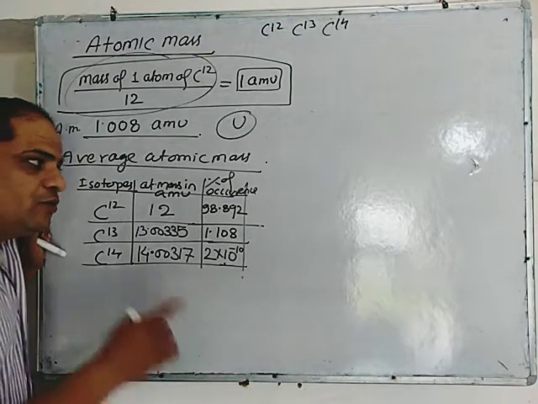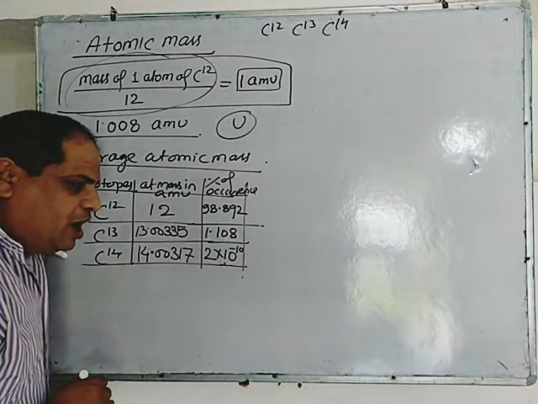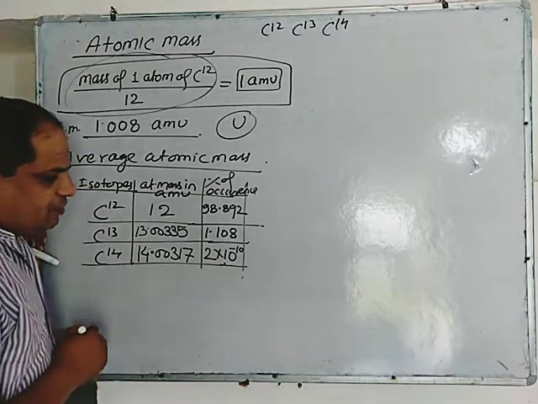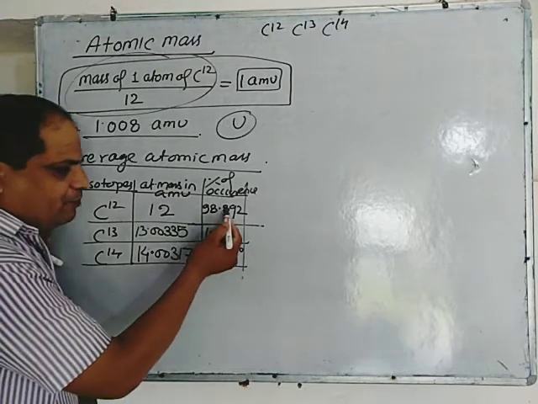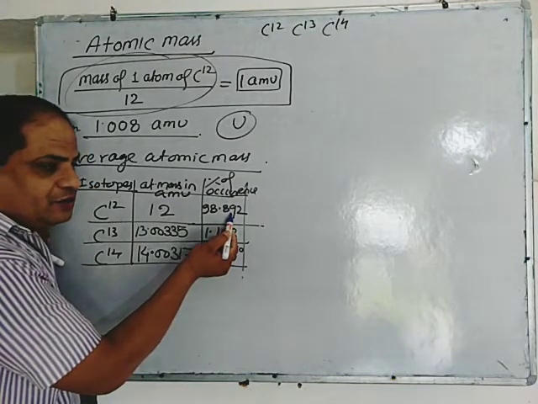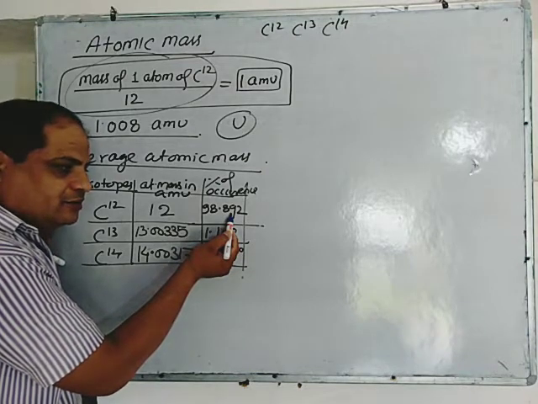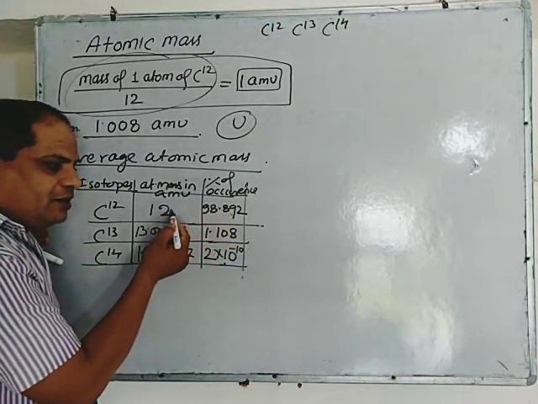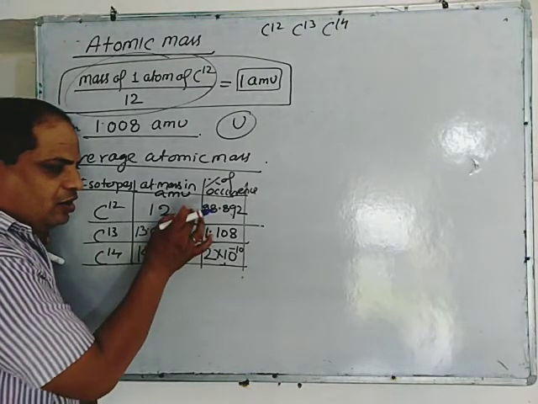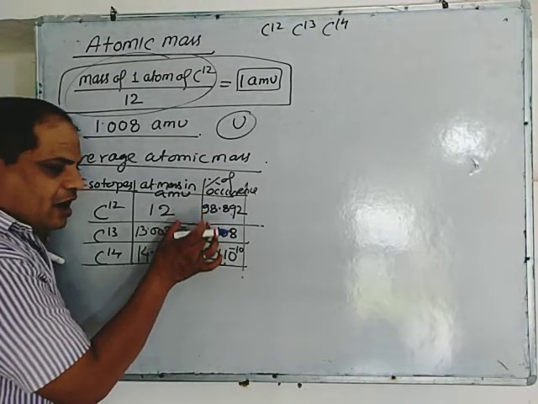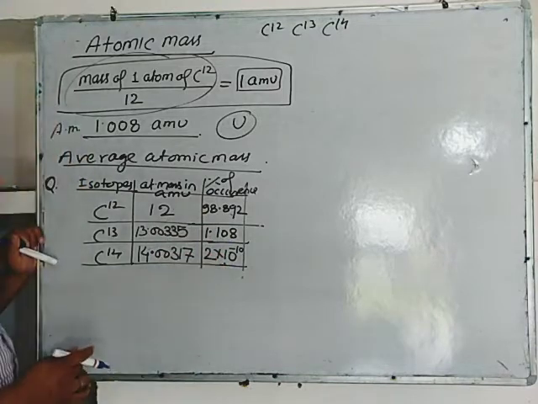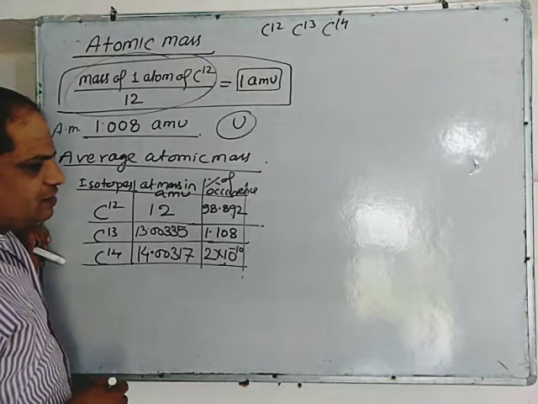Now, to calculate the average atomic mass, their percentage is divided by 100, then multiplied by their atomic mass, and all these findings are added to get average atomic mass.